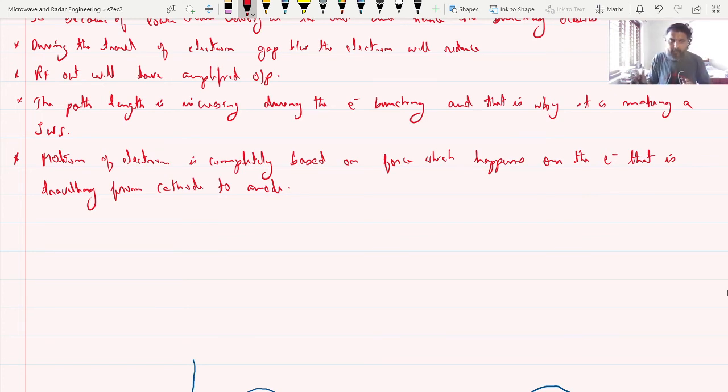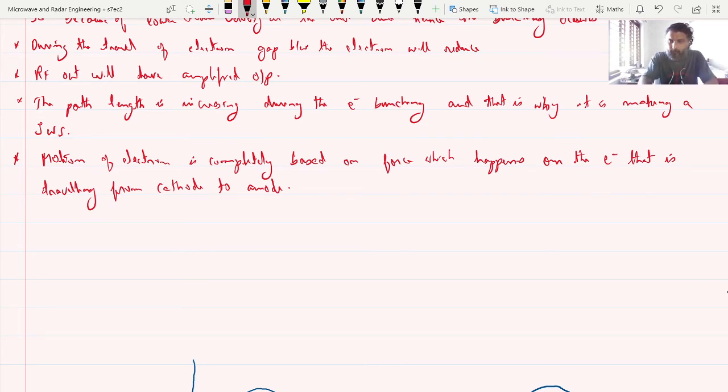In the normal case, you can see that the electrons are linear in motion during the first condition.